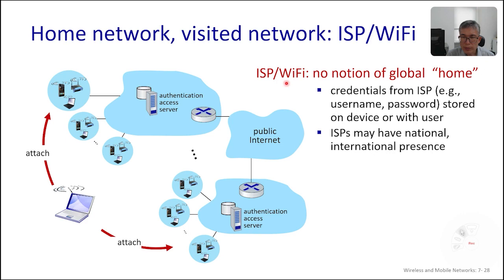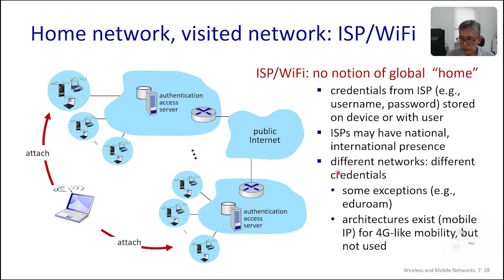For an Internet service provider and Wi-Fi network, there is no notion of a global home. Credentials from the ISP, like username and password, are stored on the device or with the user. ISPs may have national or international presence, but they are different, using different credentials.